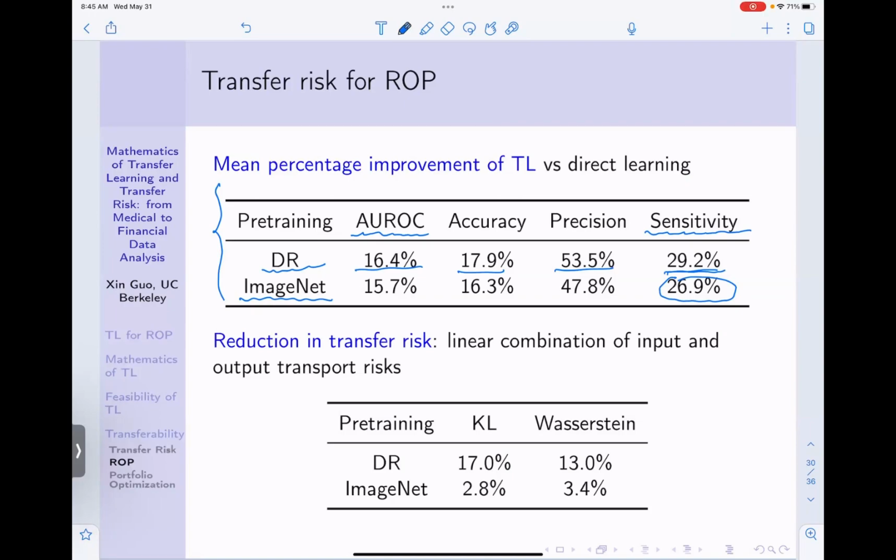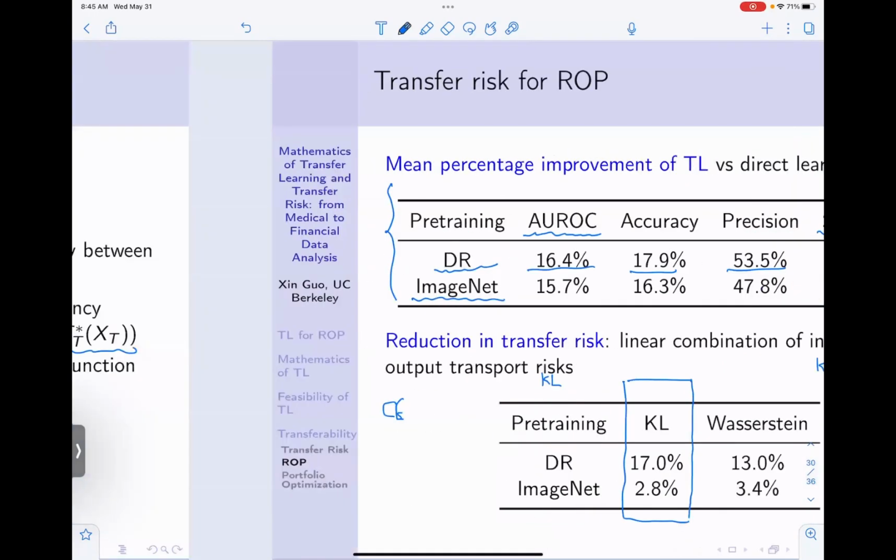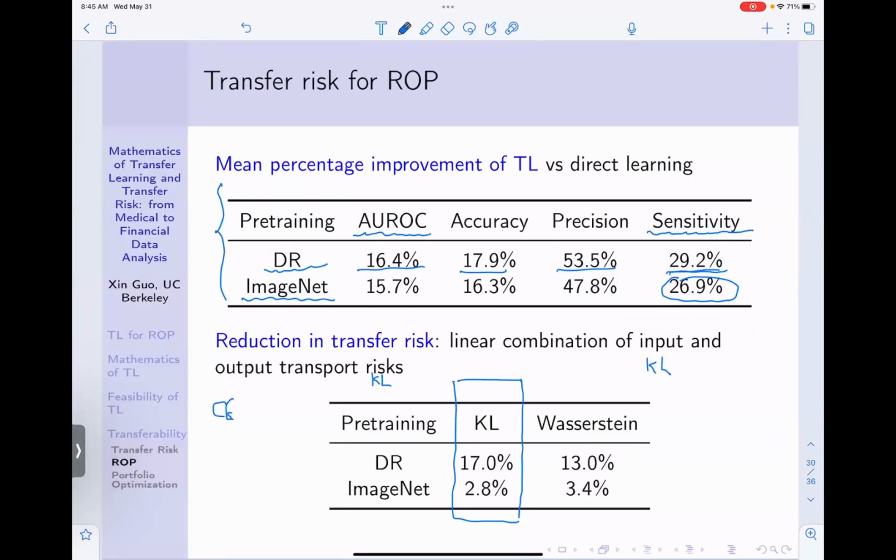Now we have this new transfer learning mathematical framework, and we try to put it in divergence functions. If I use, say, KL for the input and also KL for the output, then I take just the linear combination of these, the L input and L output.